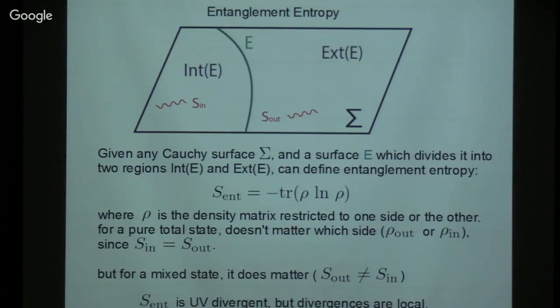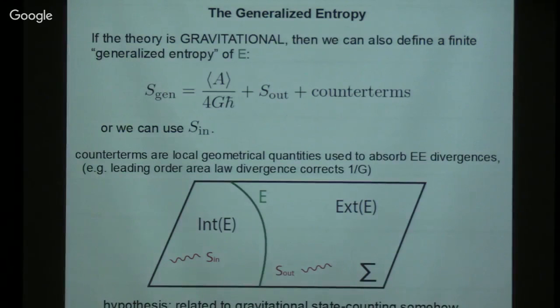Fortunately, these divergences are local. They correspond to integrating certain geometrical quantities along this surface. So they're under good theoretical control, and you can factor them out.